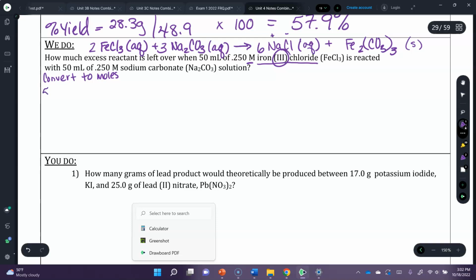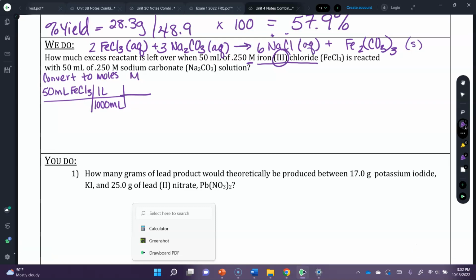So for the first one, we have 50 milliliters of iron chloride, and I'm just going to convert these, so 1,000 milliliters and 1 liter, and then I'm going to use my molarity here in this fraction to change it to moles. So I need liters on the bottom, and I want moles on top.